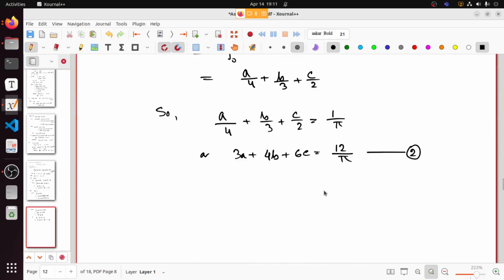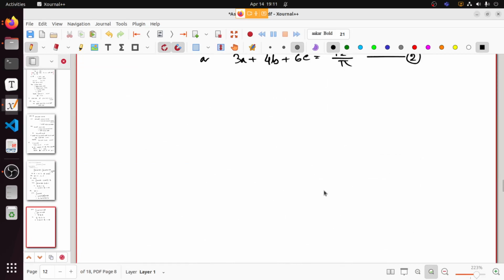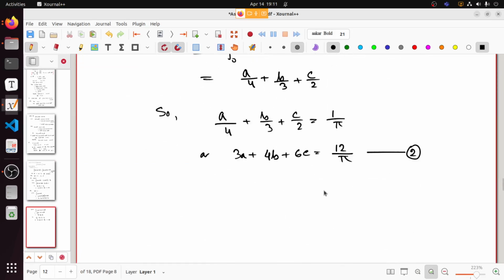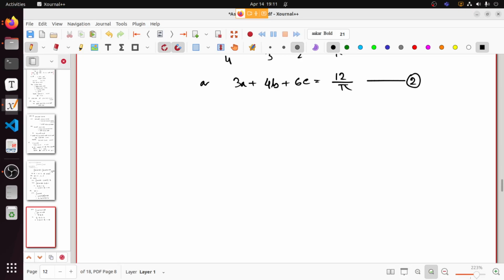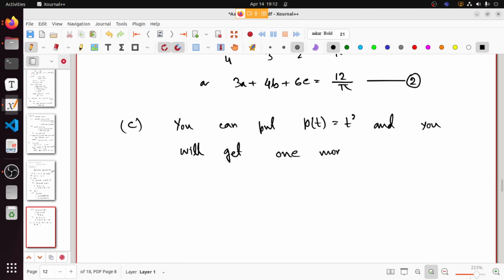So again you can put p(t) equals t², and you get one more equation, but in this exercise no need, right? Because from the first two you will get it.